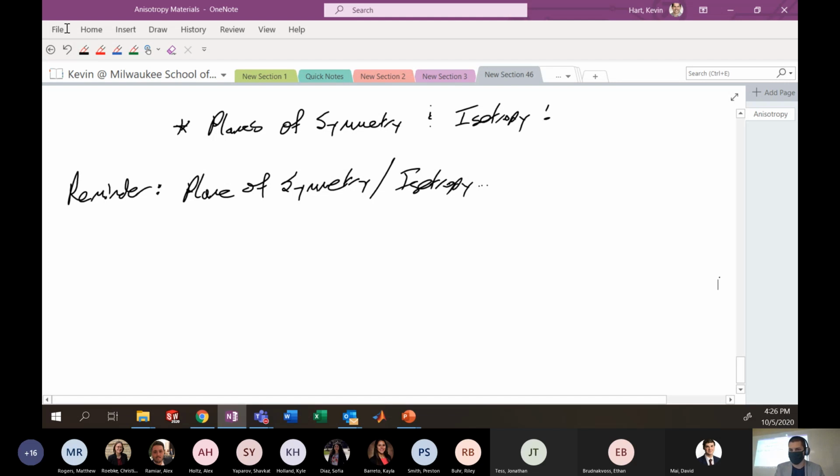And I'm not going to try to draw this, but there's a picture of this in your notes. And this is the general idea you should have in your head for a unidirectional material.